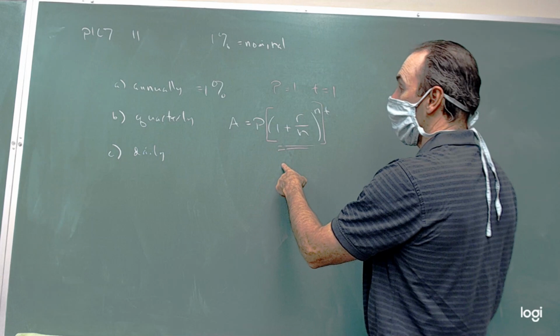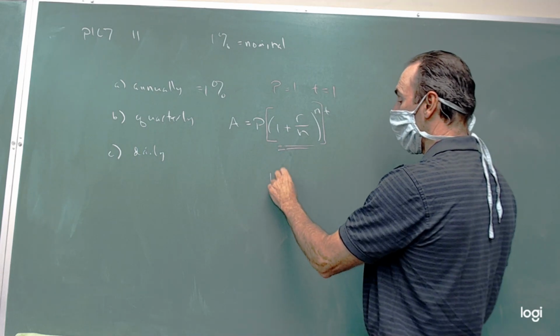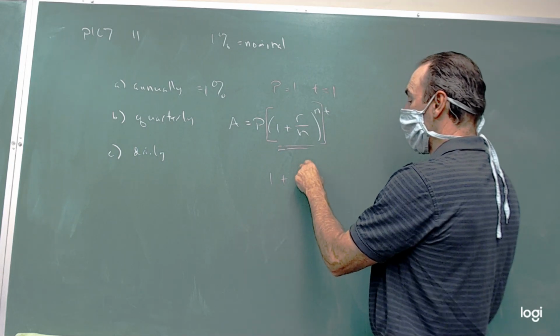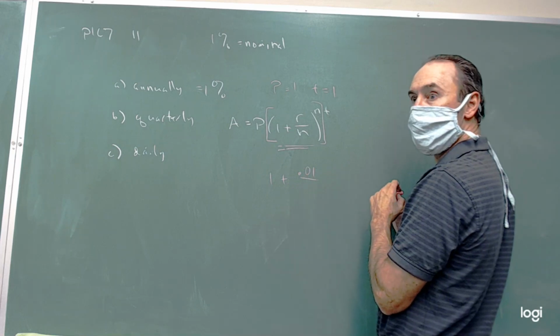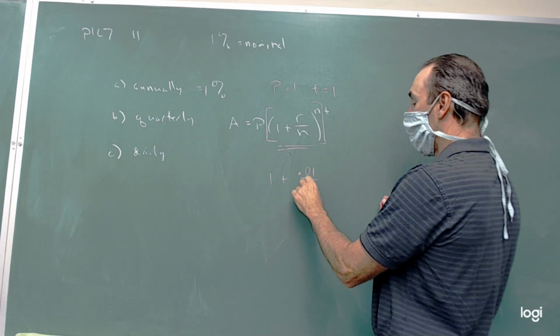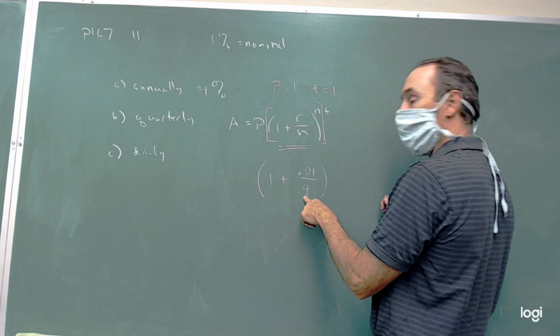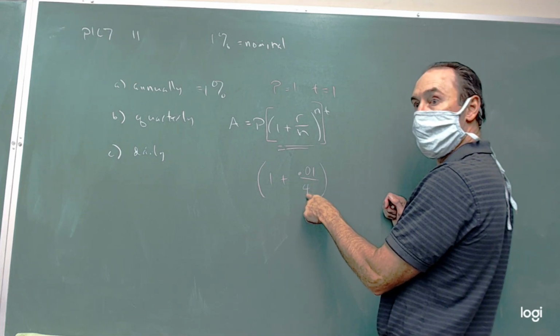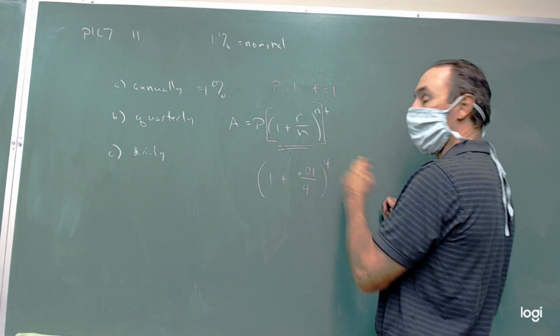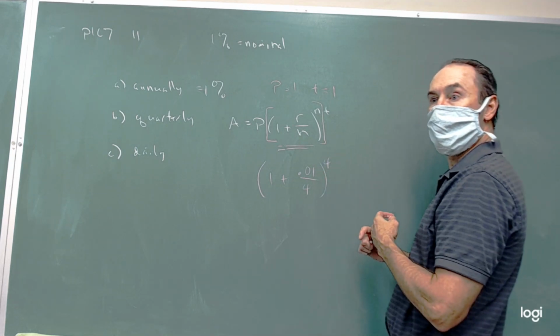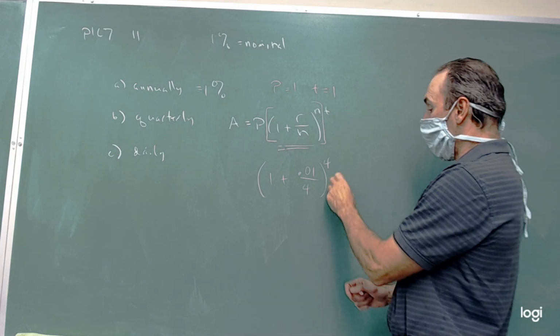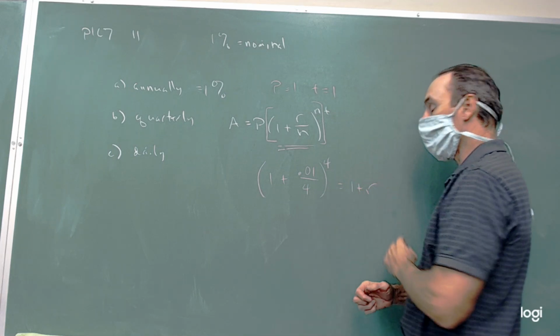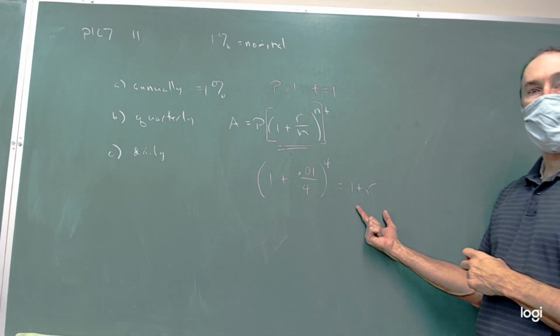So if we're doing this quarterly, we're going to get 1 plus, we're going to change that 1% to 0.01, and our N is going to be 4, which appears in the denominator underneath the R, and also in the exponent both.